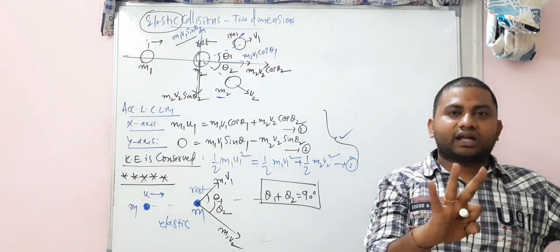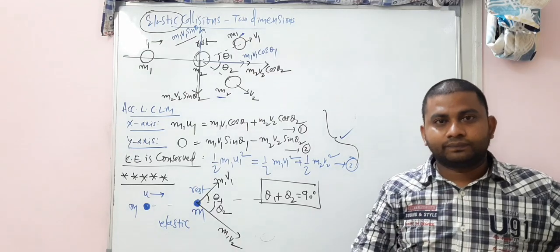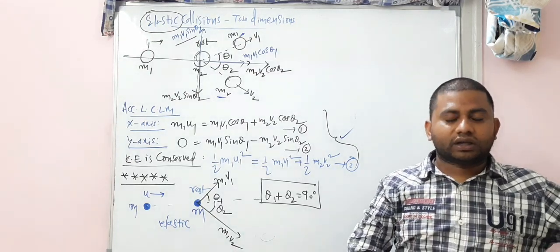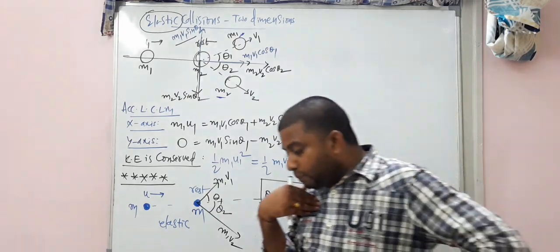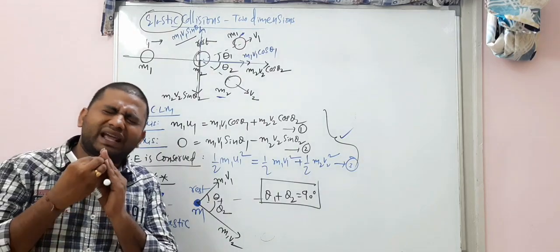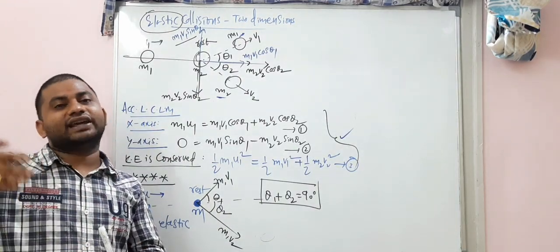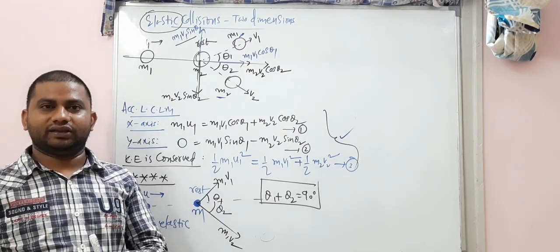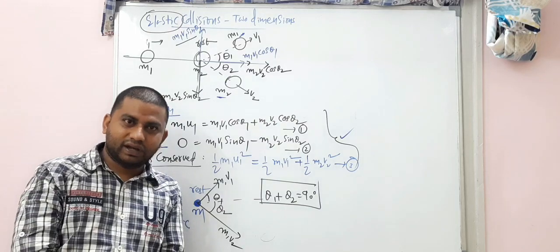Elastic collisions are not that easy to see. I have told you already, kinetic energy being conserved is something we rarely see, but loss of kinetic energy in a collision is what we can generally see, right?